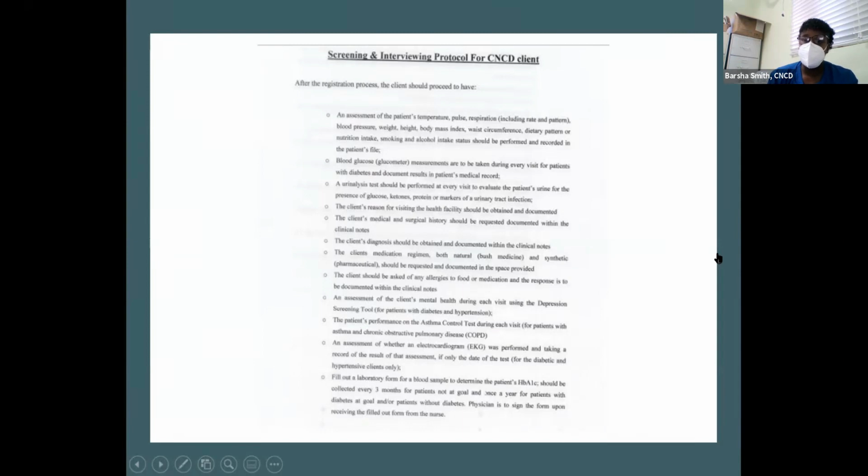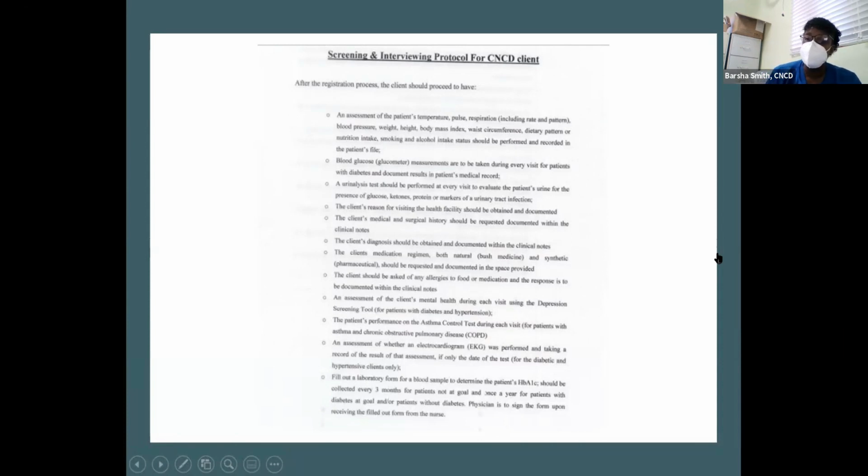And once they present to the clinic, they should have their temperature checked, their pulse and respiration, their weight, because we need their weight and their height in order to calculate their BMI. We are now going to be doing also their waist circumference. So now we have our tape measures that are going to be at the clinic, and we're going to be doing their waist. We're going to be looking at their dietary pattern and their nutrition.